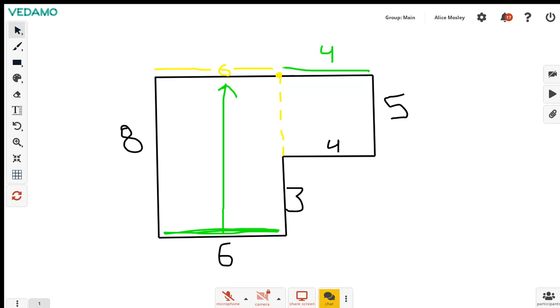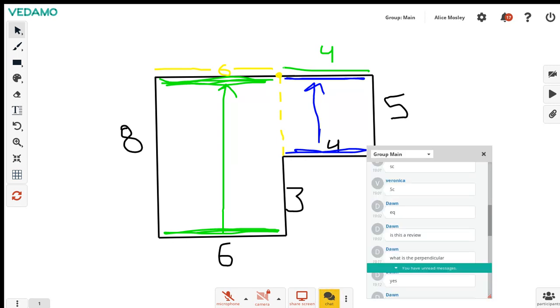I just copied the bottom to the top, and similarly for 4 we have to copy the bottom and place it on the top. So this will be 4. So the upper part will be 6 and 4. If you add them, it is equal to 10. Now I hope all of you understood how we got 6 and 4.